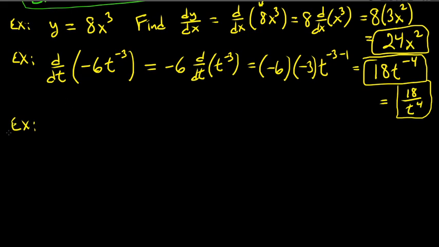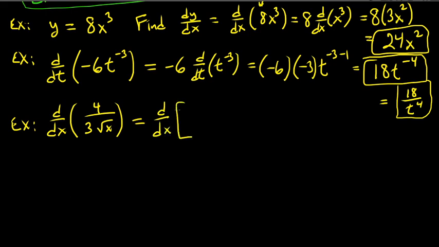Yeah, I guess let's go back to x, take the derivative of 4 over 3 square root of x. So how do we do that? Well, before we take the derivative, let's just rewrite this a little bit. The 4 over 3 is what multiplies the 1 over square root of x. Right, so the 4 over 3 is the constant.